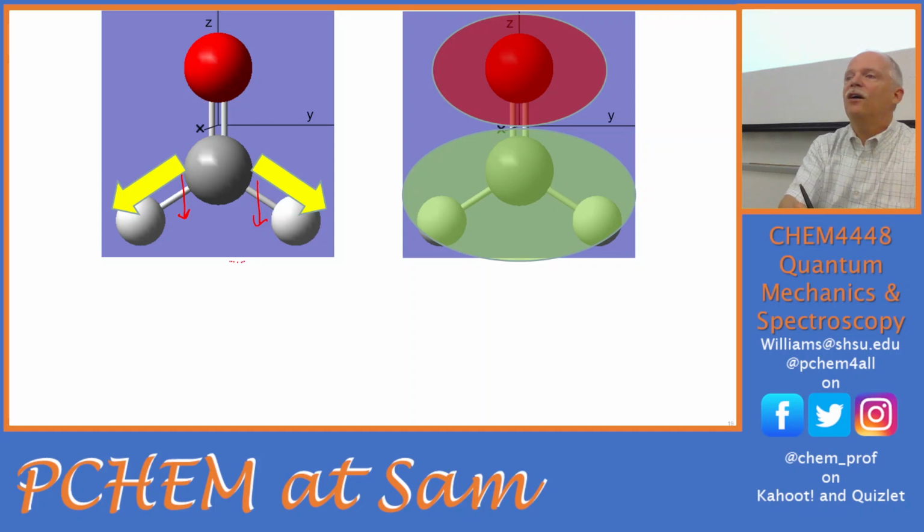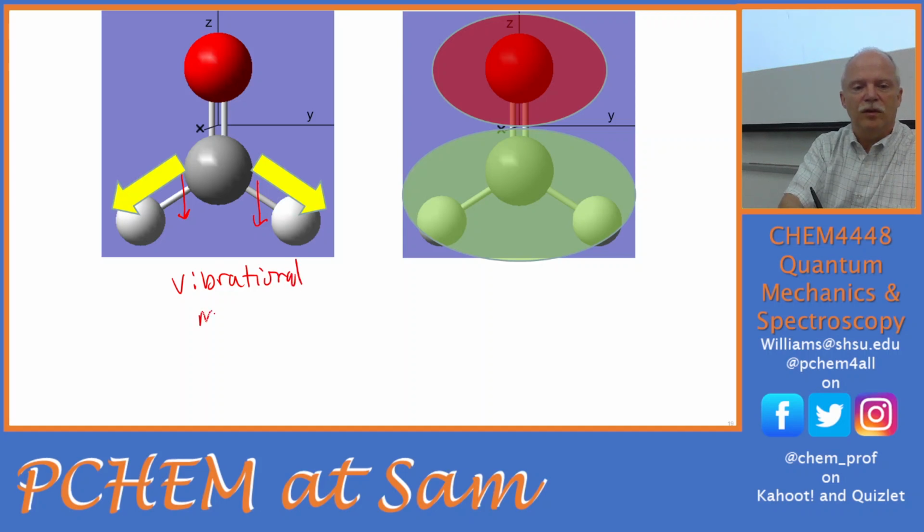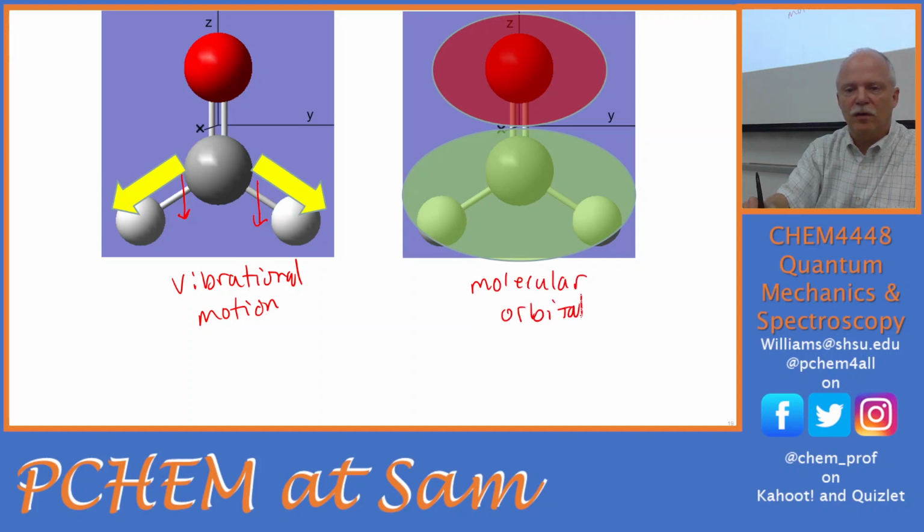First of all, we see arrows, don't we? So this is vibrational motion. Here we see the green and red clouds. This is a molecular orbital. That's a very basic thing, but if I don't say it, you might not pick up on what's being shown.